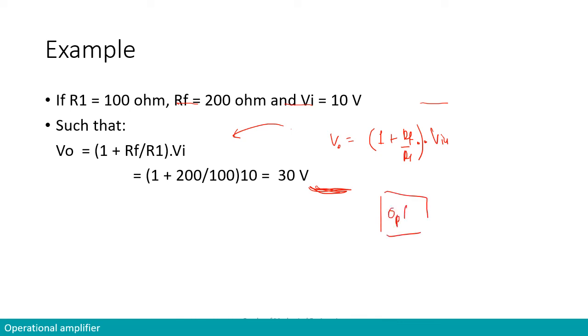So for a V input equal to 10 volt, we managed to get V output equal to 30 volt. So the gain is basically 3, and there is no inverting signal. If it doesn't invert the signal, a positive 10 volt becomes positive 30 volt, not negative. So that's the non-inverting operational amplifier.